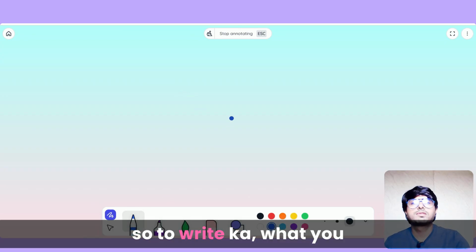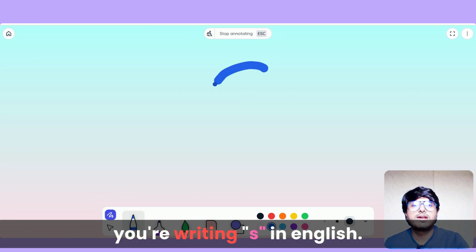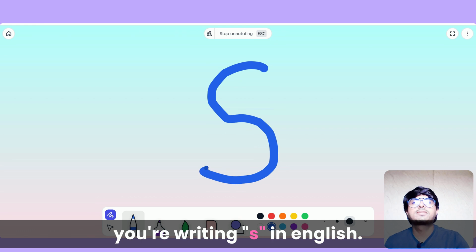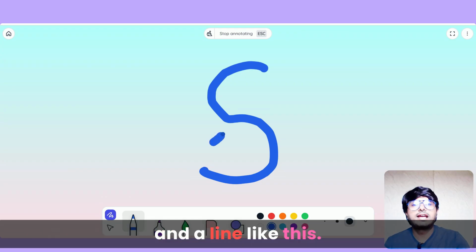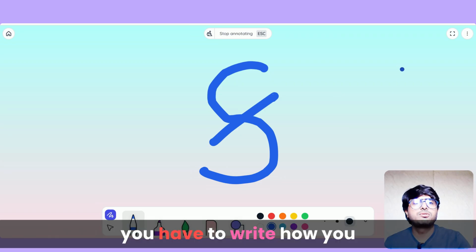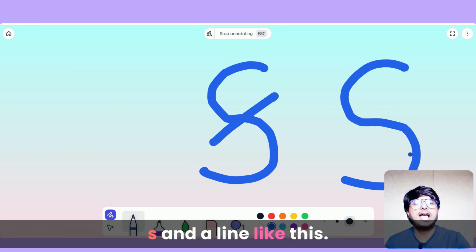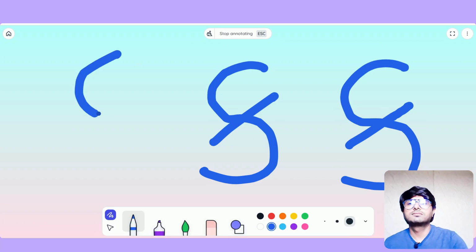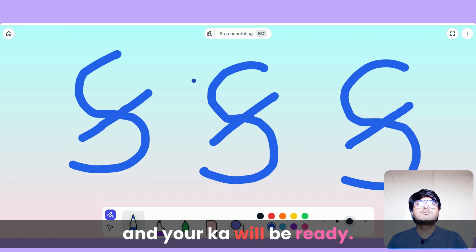To write K, what you simply have to do is write it the way you write S in English. Write S and a line like this, and your curve will be ready.